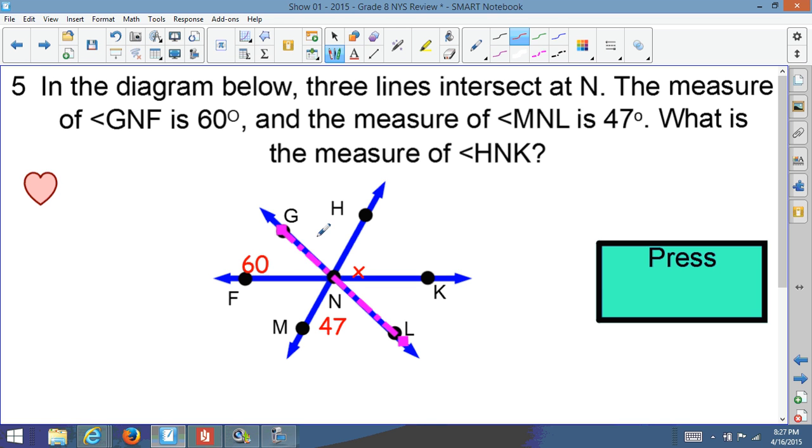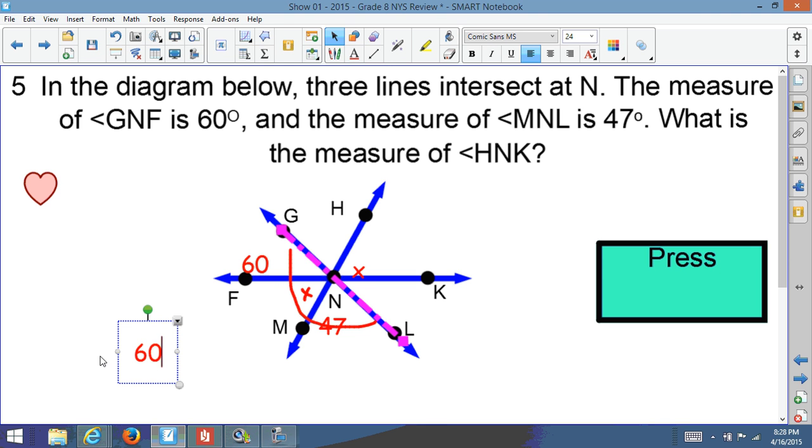And if I remember, a straight angle is 180 degrees. So this part is 60, this part is 47. So I need to find this part here to give me 180. So I'm going to add 60 plus 47. So 60 plus 47 will give me 107 degrees.